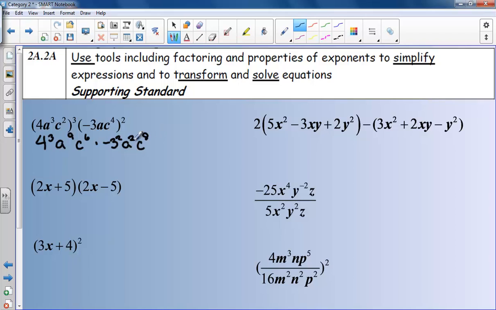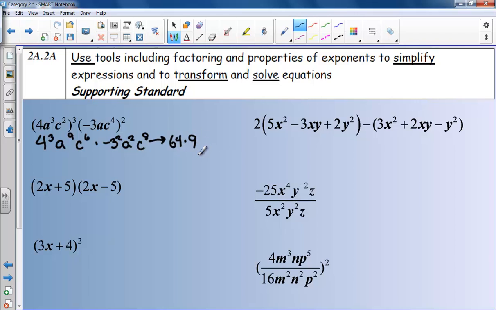Okay, so now I can simplify this into one term, so I'm going to multiply my coefficients. So I have 4 to the third power, which is 4 times 4 times 4, or 64, times -3 squared, which is going to be a positive 9.